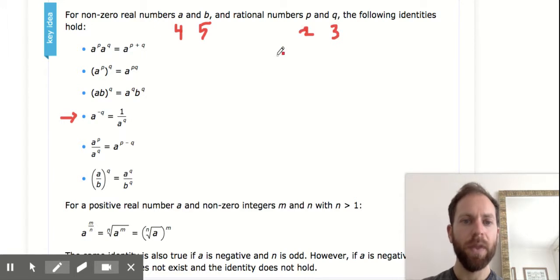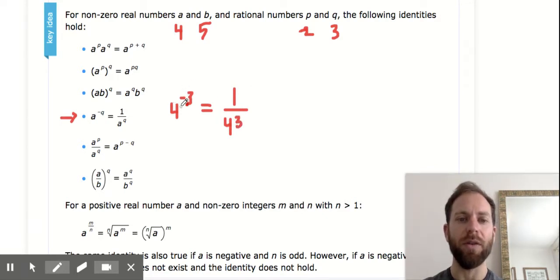So A to the negative Q power, or 4 to the negative third power, would be equal to 1 over A to the positive Q power, 4 to the third. Remember, when we have a negative exponent, it's like turning it positive and taking the inverse, or putting a 1 over it. So you can rewrite this as 1 over 64. 4 to the third power is 64.